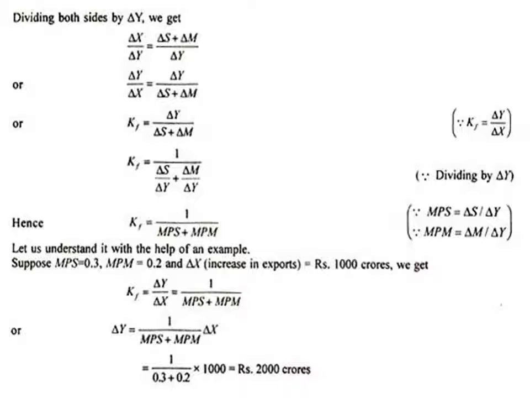And delta M divided by delta Y equals marginal propensity to import. So, we can rewrite the equation as KF, foreign trade multiplier, equals 1 by marginal propensity to save plus marginal propensity to import. This is the equation for foreign trade multiplier.